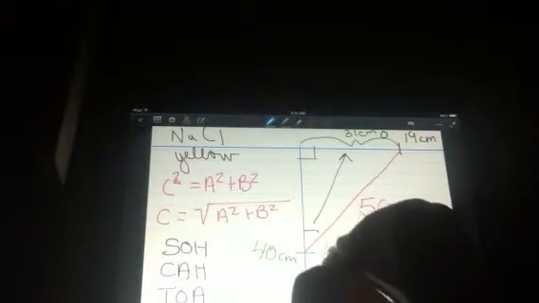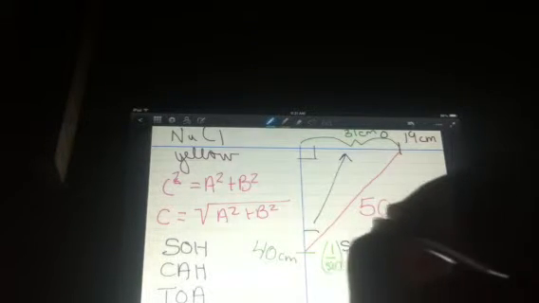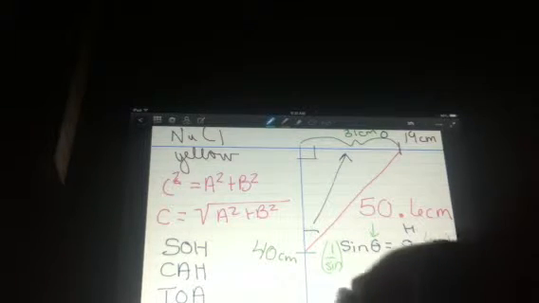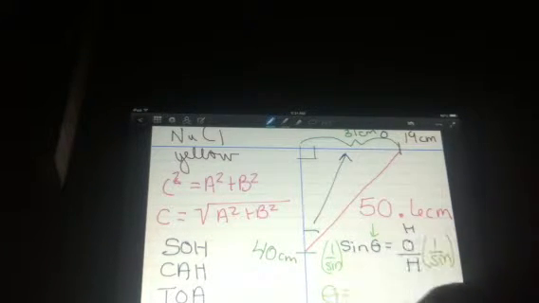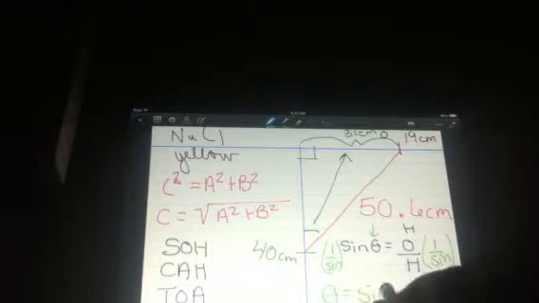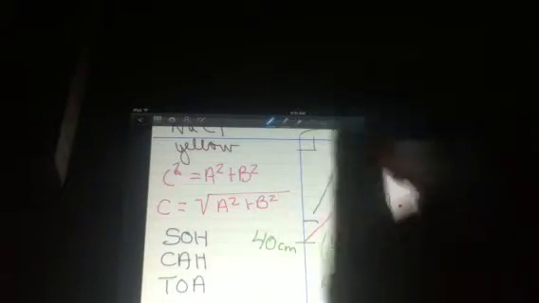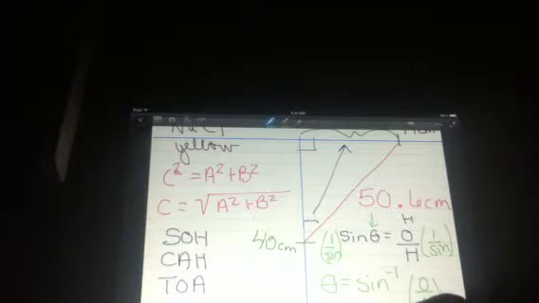Then I have to do the inverse of sine because I need to isolate that value. On a calculator, my inverse of sine looks like sine -1. So I have sine -1, parentheses, opposite is 31, and it's 50.6.